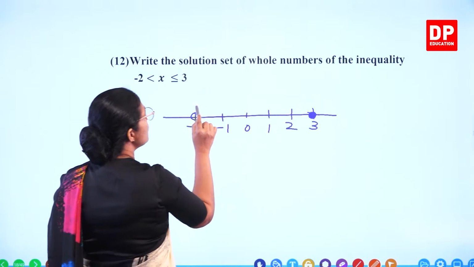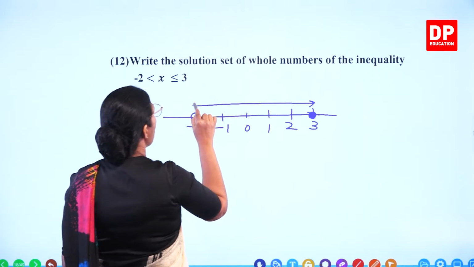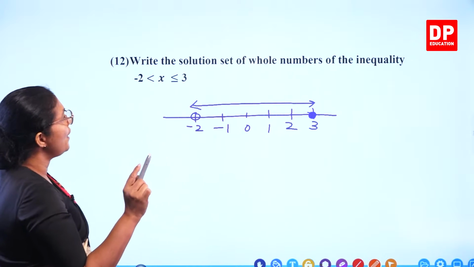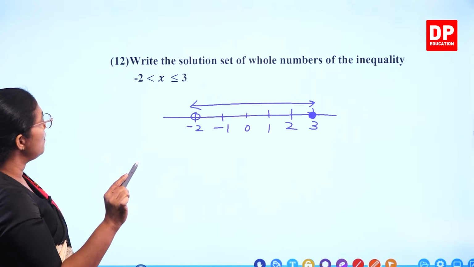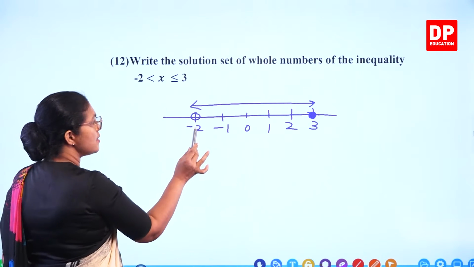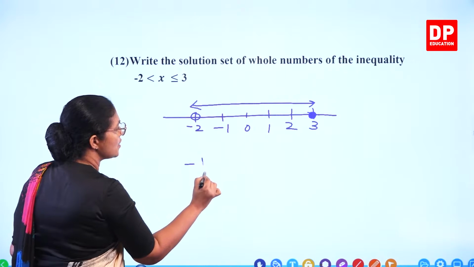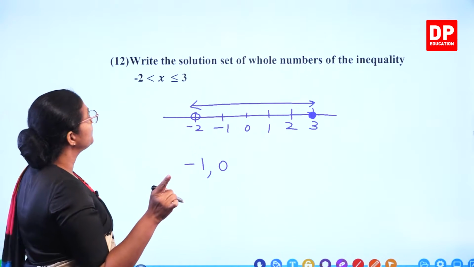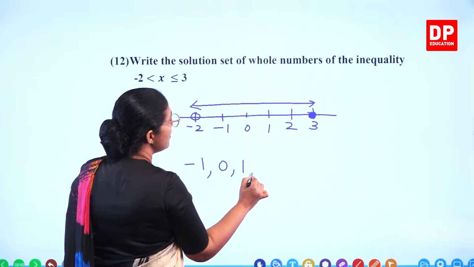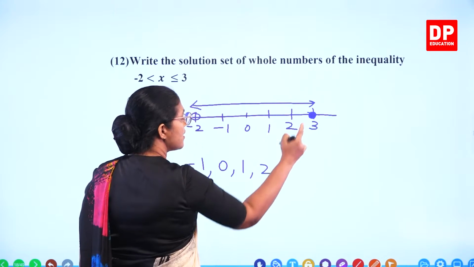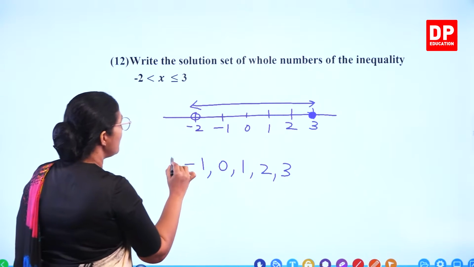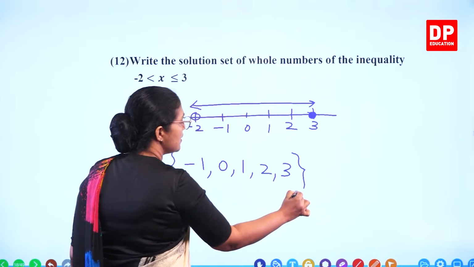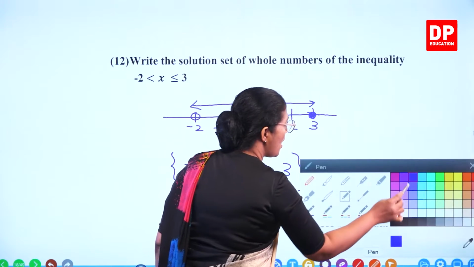In between these two values, what are the whole numbers, integers? You can't consider minus 2. Minus 1, 0. 0 is also an integer. 1, 2, and you can consider 3 because 3 is included. So you get 2 marks for that.